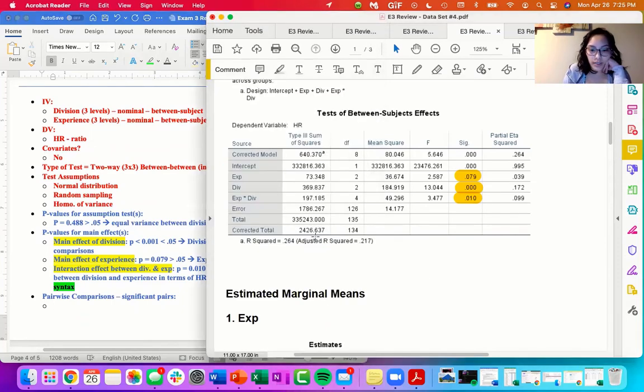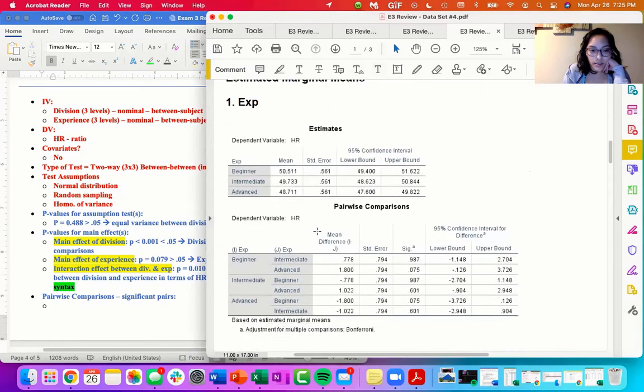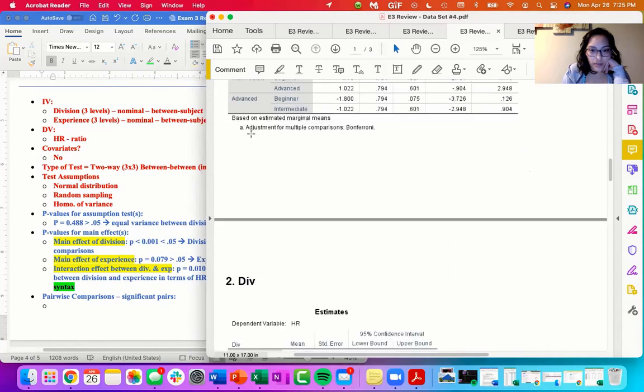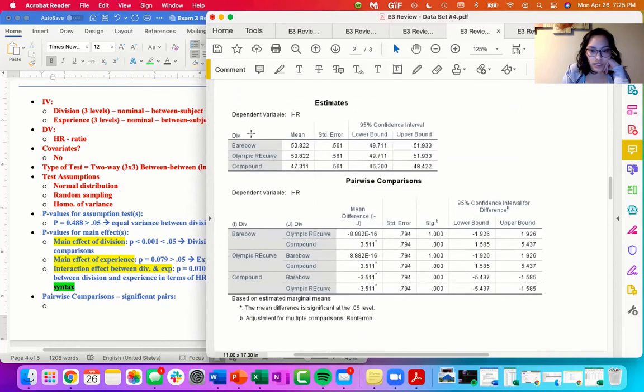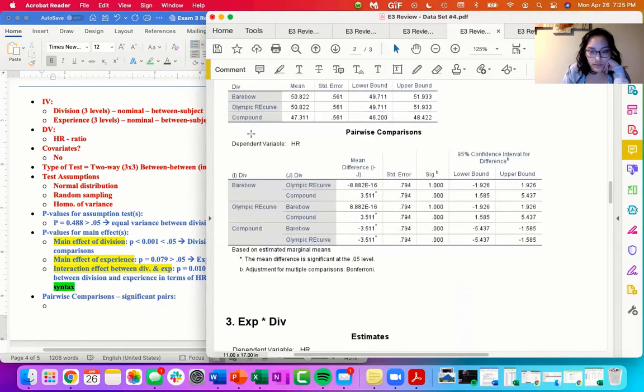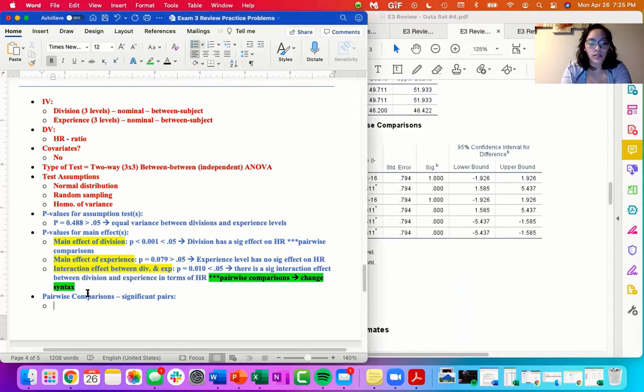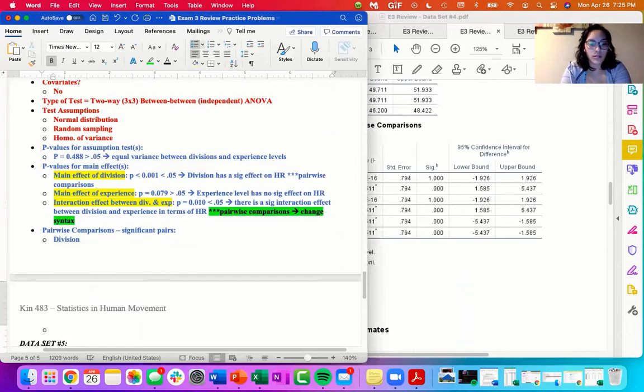So then we can look at our pairwise comparisons. We can see for experience, we can skip that one. For division, however, we have significant differences. So we'll block those out.